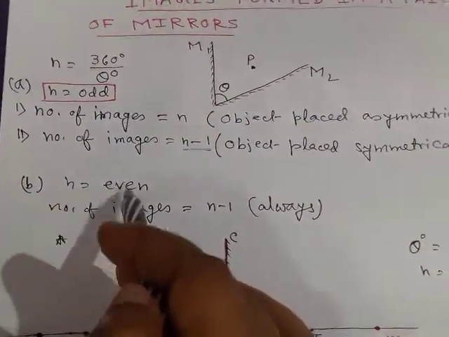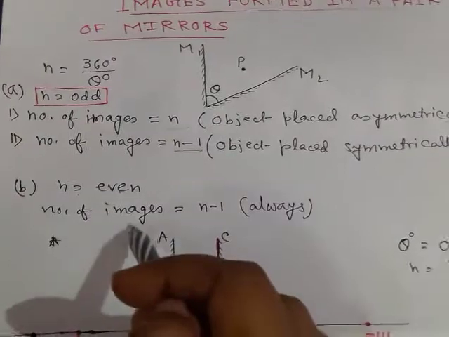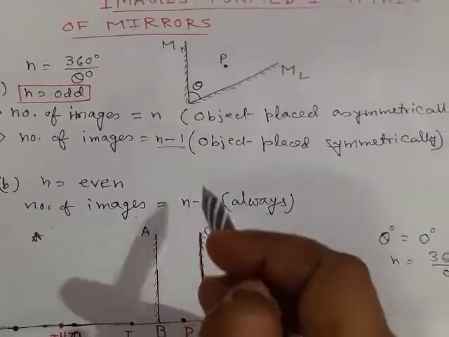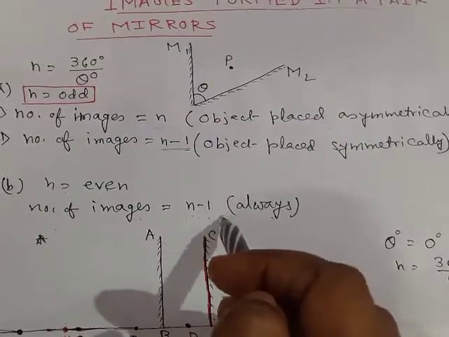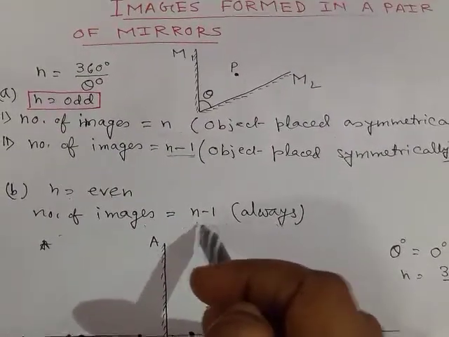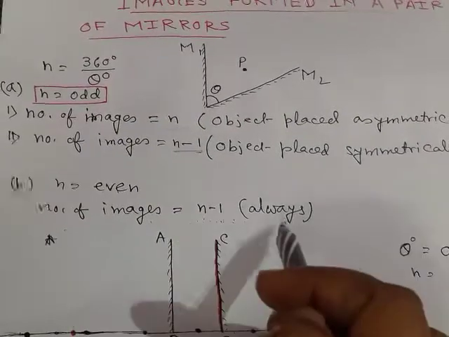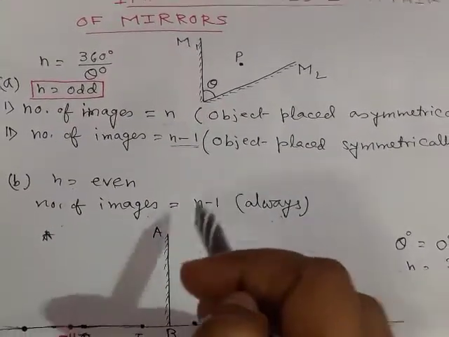Now if n is even, then the number of images will always be n minus 1. That means two images superimpose on each other, so we get n minus 1 images. Here we always get n minus 1 images.